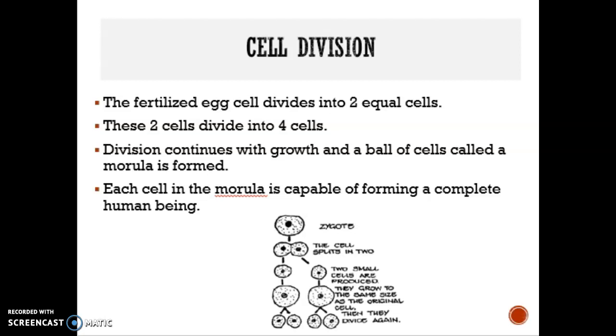Division continues with growth, and a ball of cells called a morula is formed. Each cell in the morula is capable of forming a complete human being. Early human development is a dynamic, complex, and multidimensional process. So during the first week, the single-cell zygote undergoes 8 to 9 rounds of cell division, forming organized embryonic tissue.